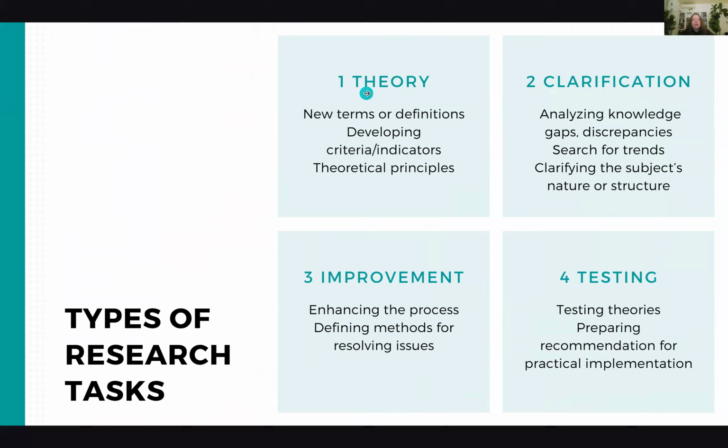So, let's see what types of research tasks they are and which one you might need. So they are here in order of how you would usually complete a research project. The first steps are usually theoretical. So you're studying some sources, finding out what's already there, and defining your problem, defining the terms, developing criteria or indications for success, studying theoretical principles.